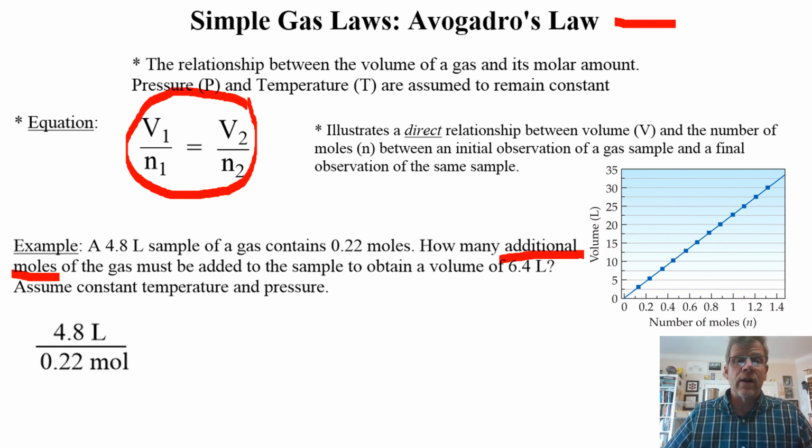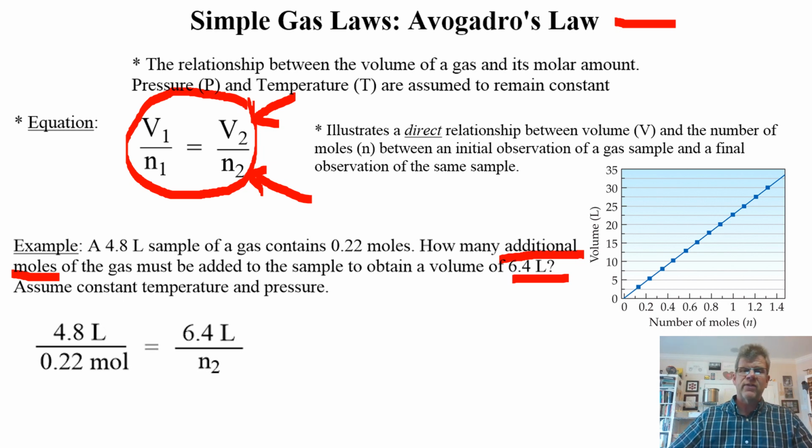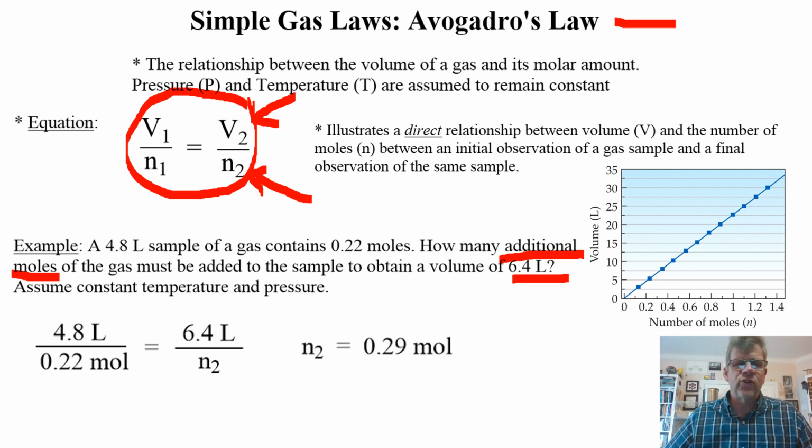So, final. Here we have the final volume, which we do indeed have, 6.4 liters. So we're going to be solving for that final number of moles of the gas. We set this up in Avogadro's law and solve for N2. That is the final number of moles in that sample after some were added to it. Notice this isn't the answer.